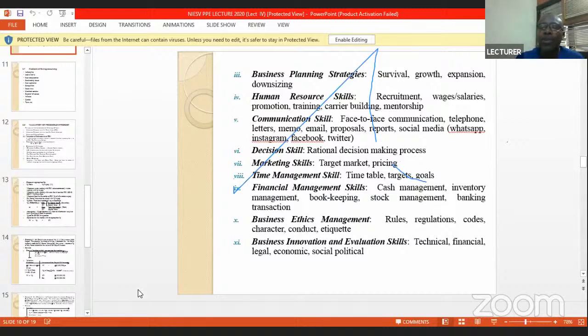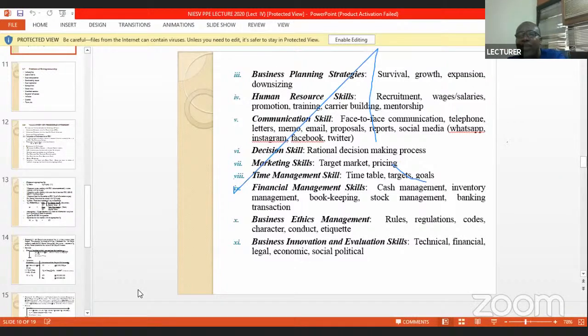So, these days, we have social media communication. You will see that as an estate surveyor and valuer, it is impossible for you to function without the social media. A lot of our people now use social media as a means of advertising their products.